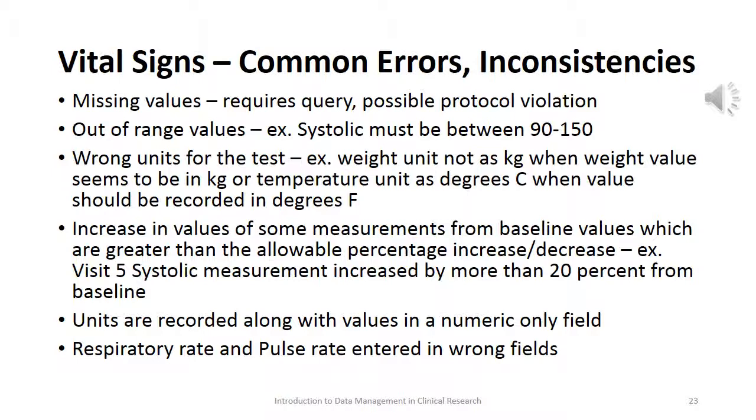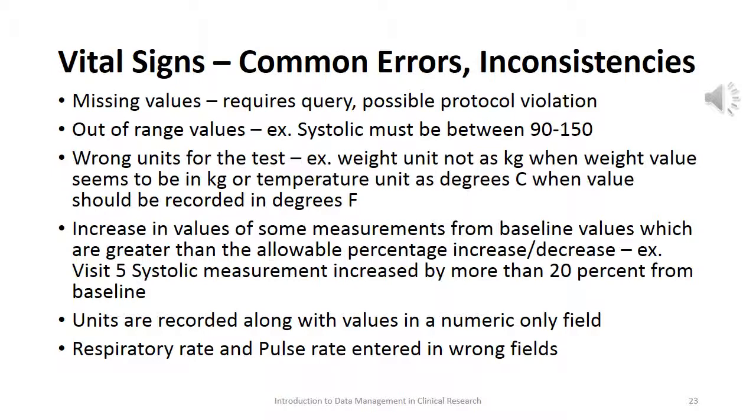So what are some of the common errors and inconsistencies that we find on vital signs? We might find missing values. We might find values that are out of range. For example, for blood pressure, we might have a certain range that we're looking for. In the example we cite here, systolic must be between 90 and 150.